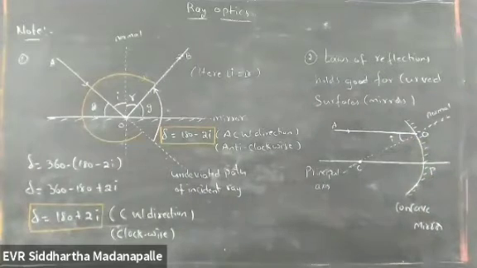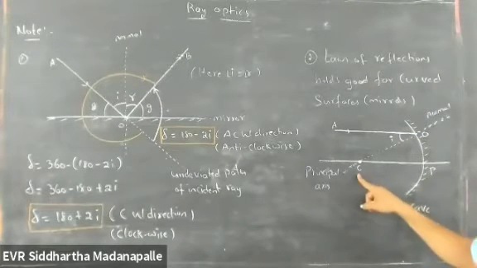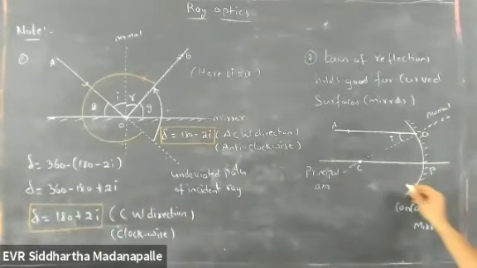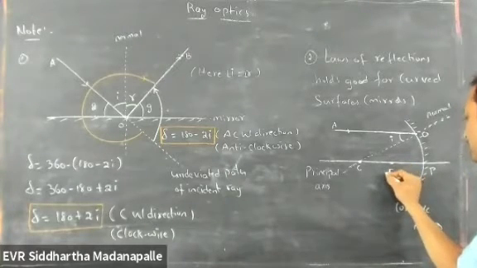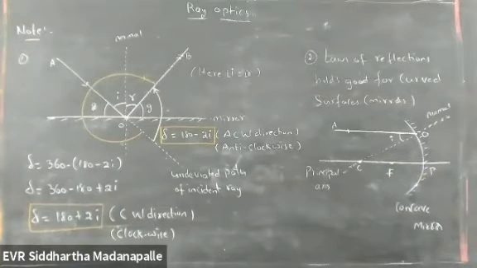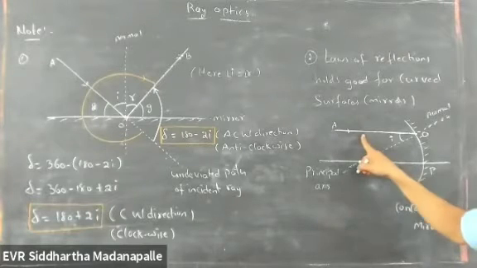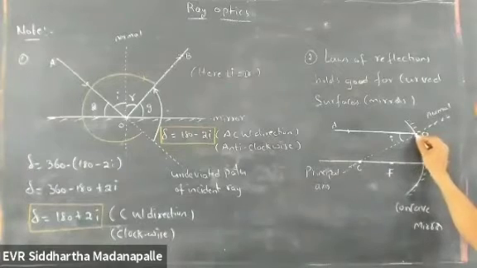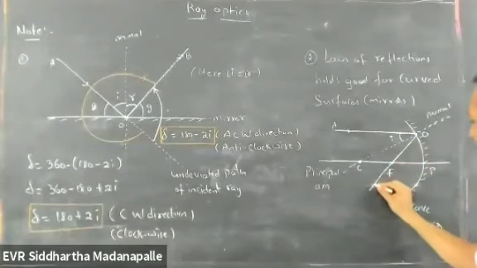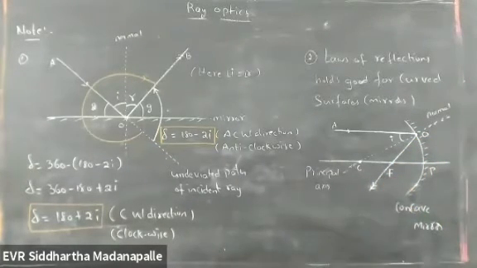Right. Now here, in between the center of curvature and the pole of the spherical mirror, there will be a principal focus, or we can call it the focal point also. Since the incident ray is parallel to the principal axis, after reflection it will pass through the principal focus.